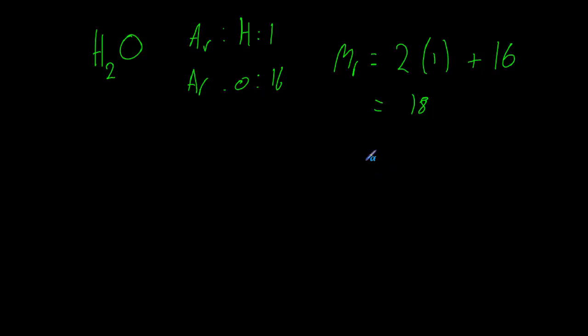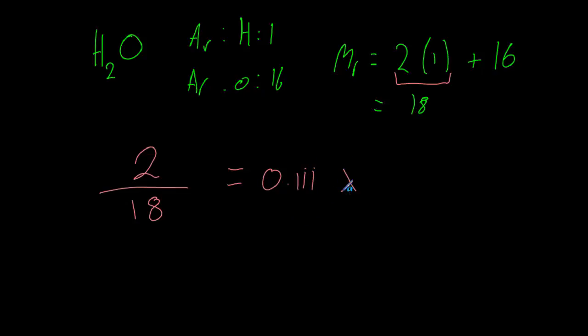So, if we want to work out our percentage composition of hydrogen in water, we need to use this here. So, what we have is 2 times 1 is 2, and we divide that by our total formula mass, which we worked out to be 18. That will give us an answer of 0.111 recurring, which is the same as 1/9.